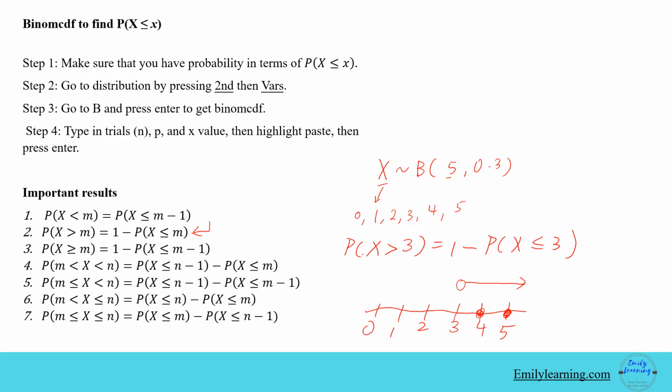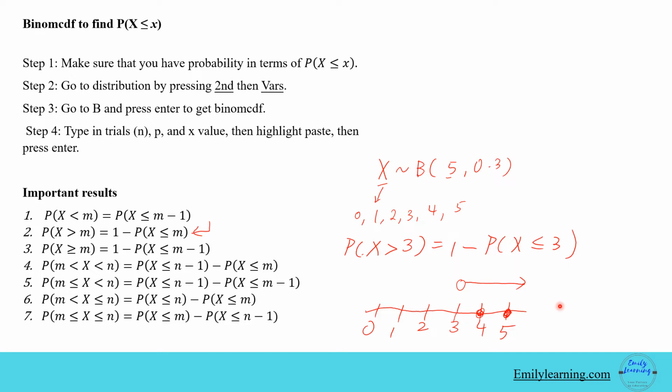If you were to use a number line, you know that I want x greater than 3, which is here. I know that x takes whole numbers only and it stops at 5. So this could be P of X equals to 4 plus P of X equals to 5, or I can take 1, which is the total probability, minus everything from 0 to 3, which is P of X lesser than or equals to 3. So you can derive it by drawing a number line.